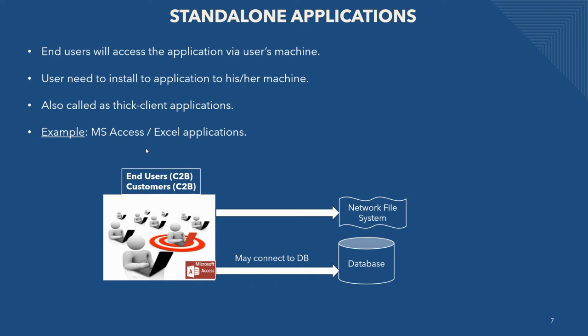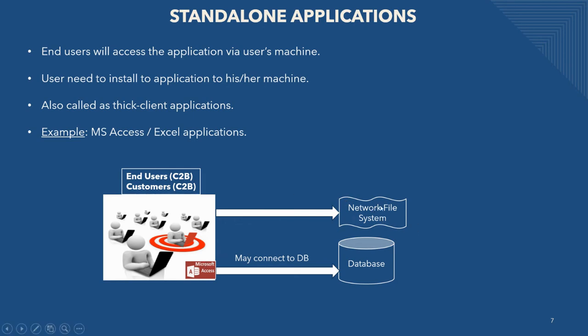Some standalone applications might have a connection to a database or to the network file system. Mostly these are internal to the organization. They are not public facing; you can't develop a standalone application for just anyone in the public. Most of the time they are developed for internal customers and organization-wide users.